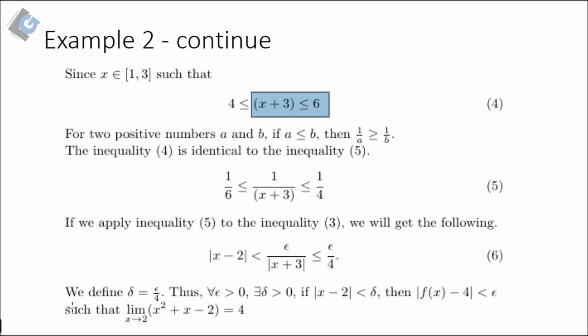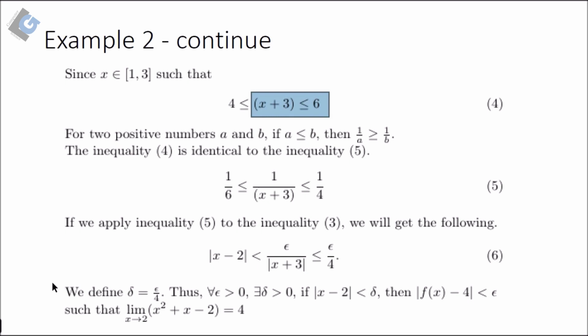So then we use the final step, we define delta equal to epsilon divided by 4. Therefore, for all positive epsilon, there exists a delta equal to epsilon divided by 4, also positive.